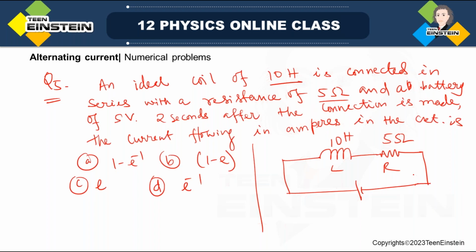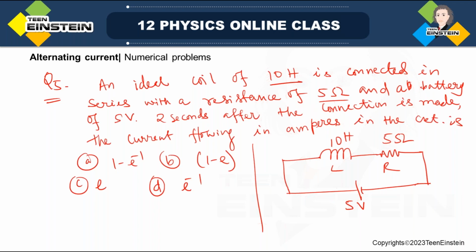This chapter is named alternating current, but most of the problems are from DC, so we have to be careful. We have to solve many problems from DC circuits as well to get nice practice. The battery is 5 volt.